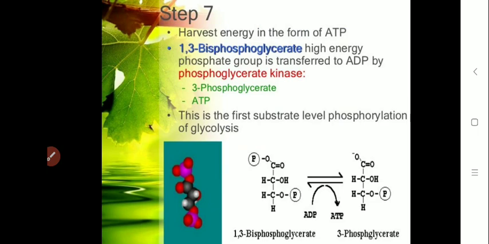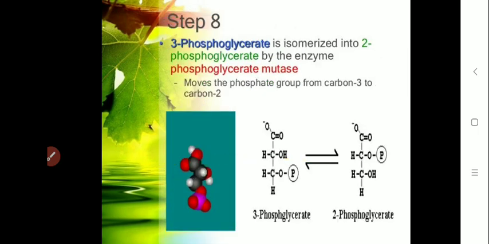And this process is carried out with the help of the enzyme phosphoglycerate kinase, in which 1,3 bisphosphoglycerate is converted into 3 phosphoglycerate. Then once the 7th step is completed, glycolysis enters step number 8.